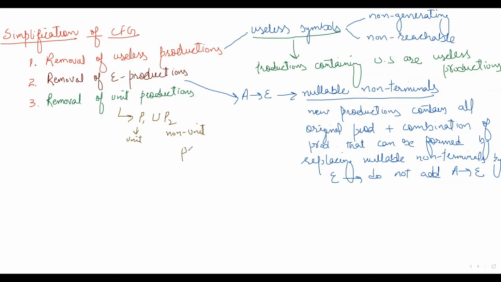Then our new production set will contain all non-unit productions plus p new, and those p new will be generated for all pairs of non-terminals. And I have already discussed how to generate these p new. Okay, so these are the three steps that you have to keep in mind while simplifying a context-free grammar.